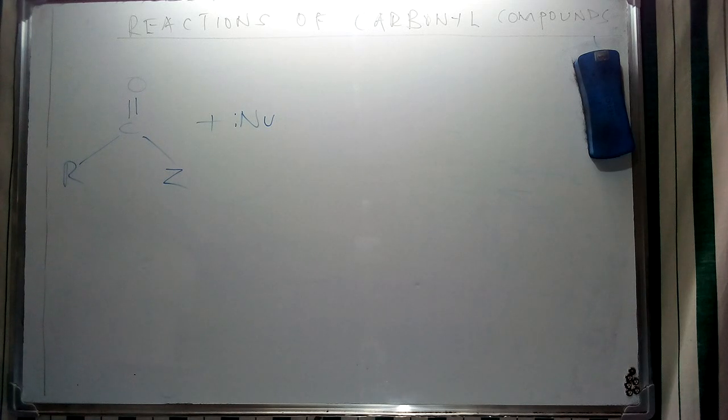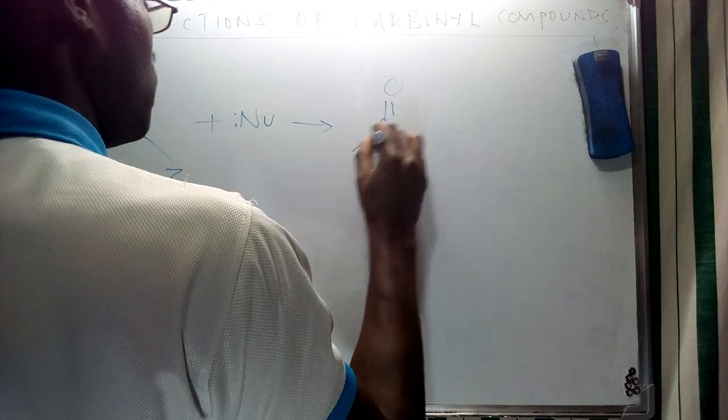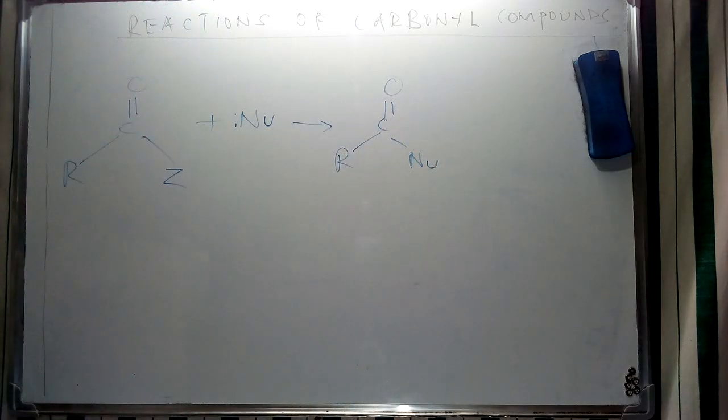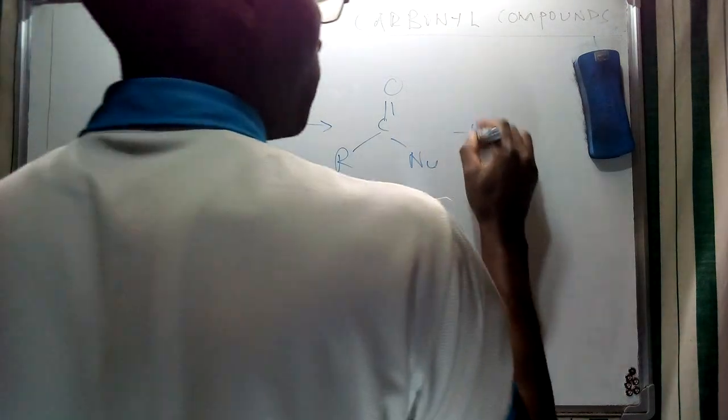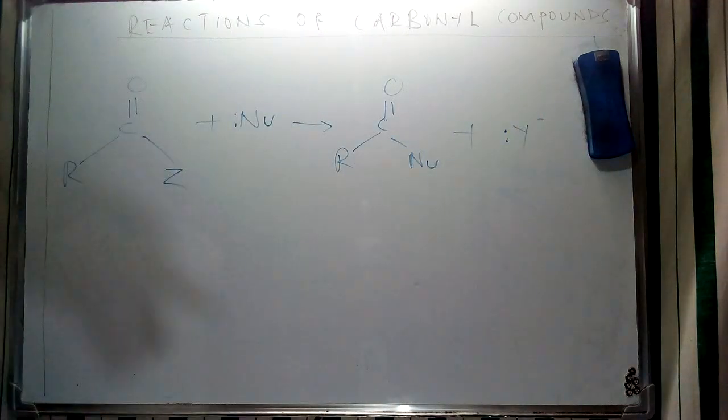So as we said, this nucleophile, of course, is going to attach at this specific point. It's going to substitute Z at that specific point, and we're going to have a product that is going to appear as a radical and a nucleophile attached at that specific point. And we're going to have this specific product which is going to be formed that is negatively charged as that.